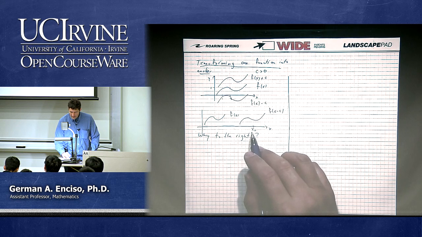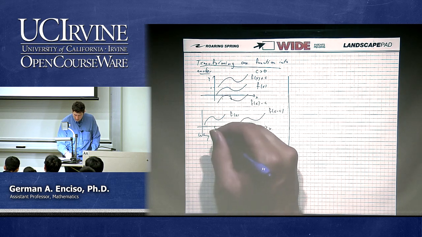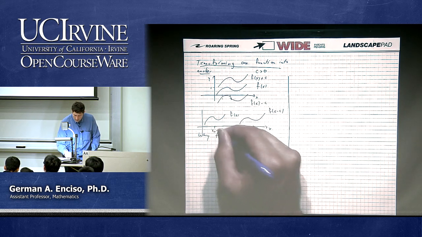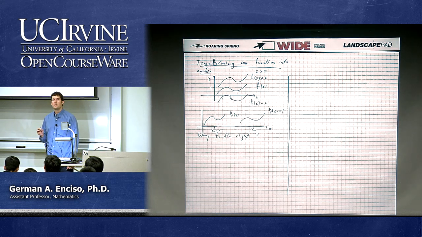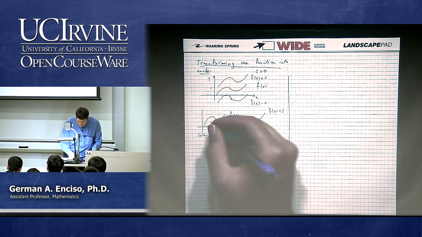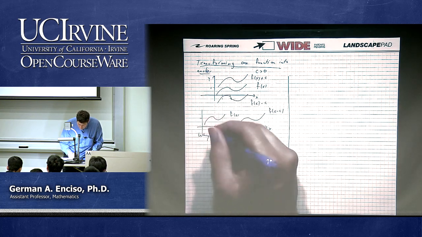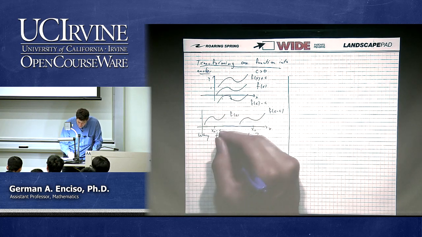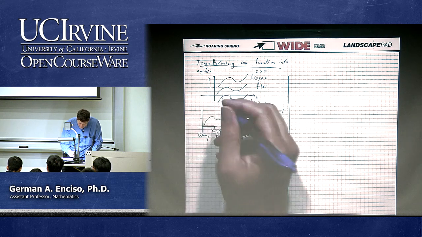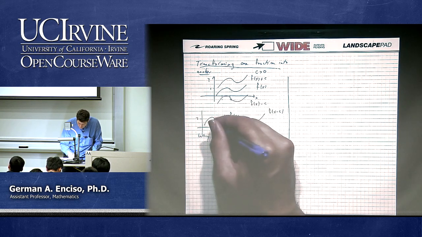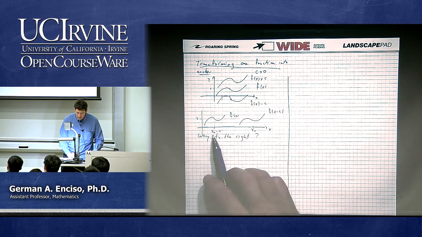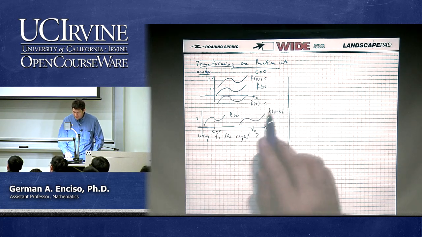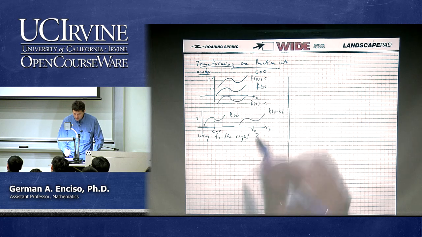So you calculate x0 minus c, and then you evaluate the function f at that point. Let's say that f evaluated at x0 minus c was, I don't know, let's say 2. Because f evaluated at this point is 2, then this new function evaluated at x0 is also 2.